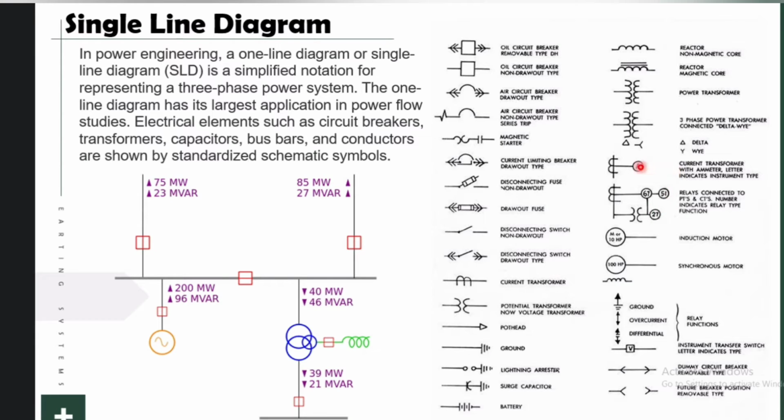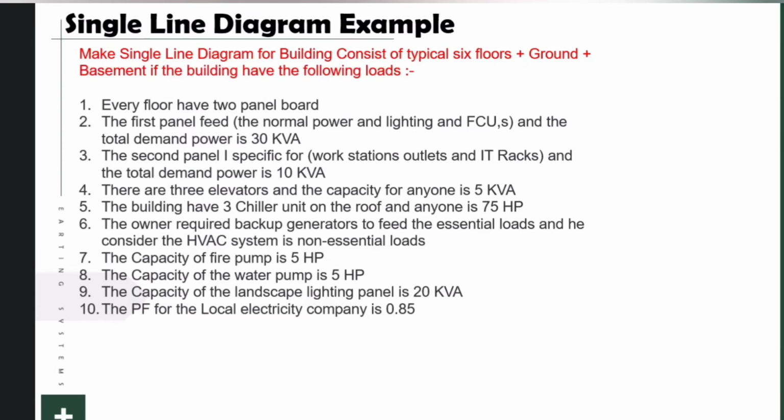This is for CT, and this is for a two-winding transformer, delta Y or delta star, and here this is for grounding, and here this is for a synchronous motor, and so on.